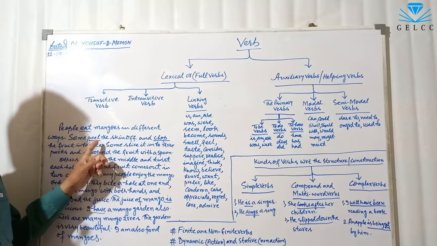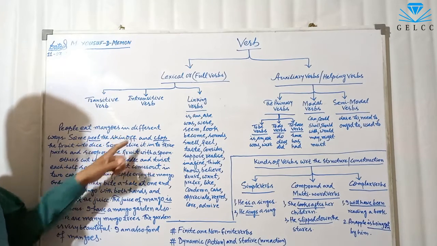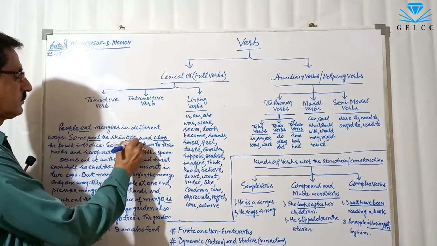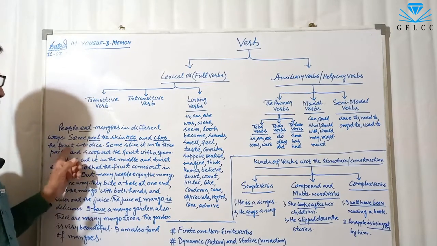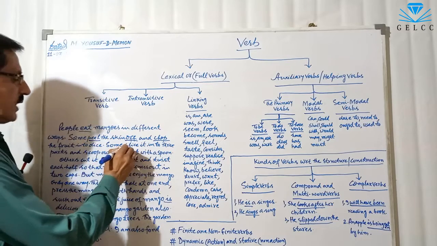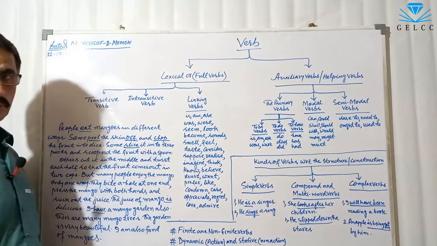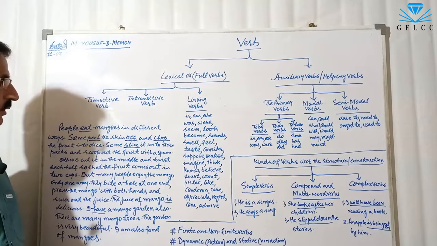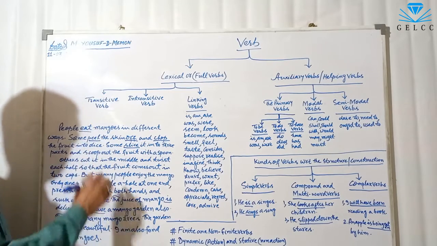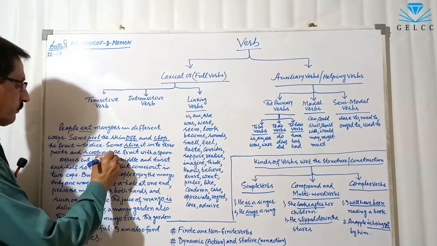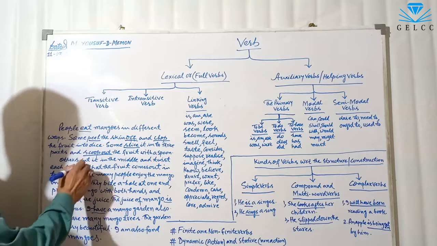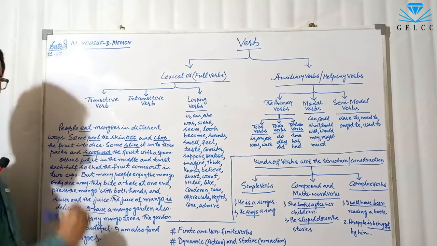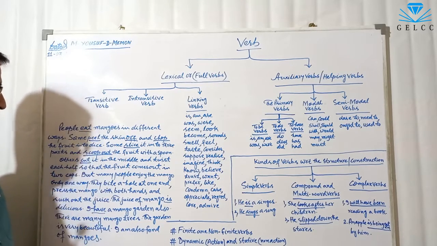Peel off, it is also a verb. Peel off. This off is with this. Chop the fruit. Some slice it. This is also a verb. Some slice it into 3 parts and scoop out. Scoop out. This is also a verb. The fruit with a spoon. Others cut it. Cut is a verb.